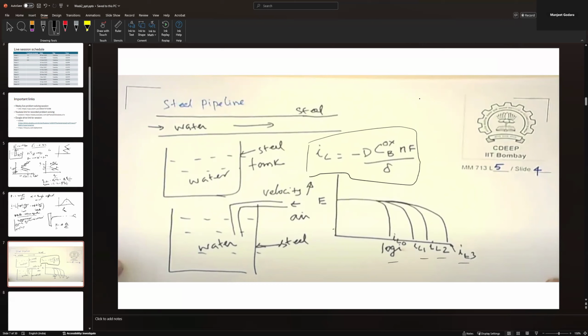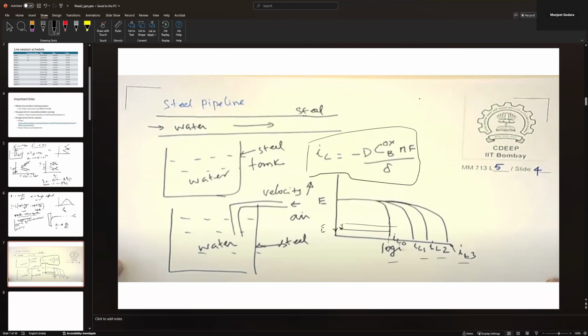No matter how much you change the electrode potential, after a point it reaches a saturation point. If you go even lower on the cathodic side, the current doesn't change much, so it's limited by the diffusion.